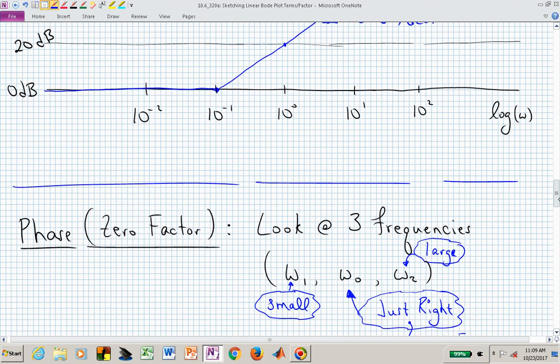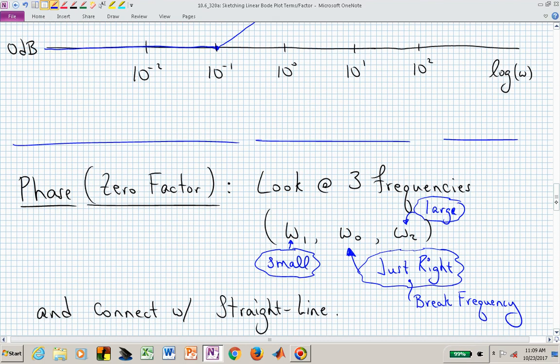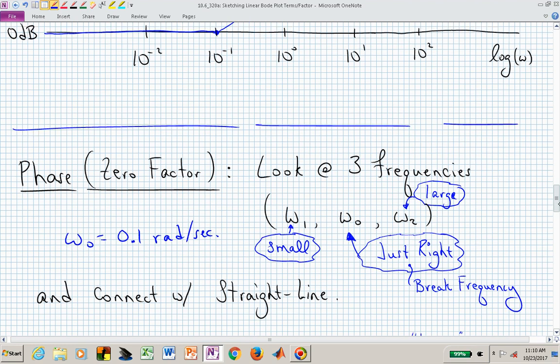What about the phase? Well, now it helps to actually think about three different points: a small frequency, a large frequency, and the Goldilocks frequency, right in the middle, the just right, that's the break frequency. We know what that is for this particular zero. We're now talking about our omega naught being 0.1 radians per second.